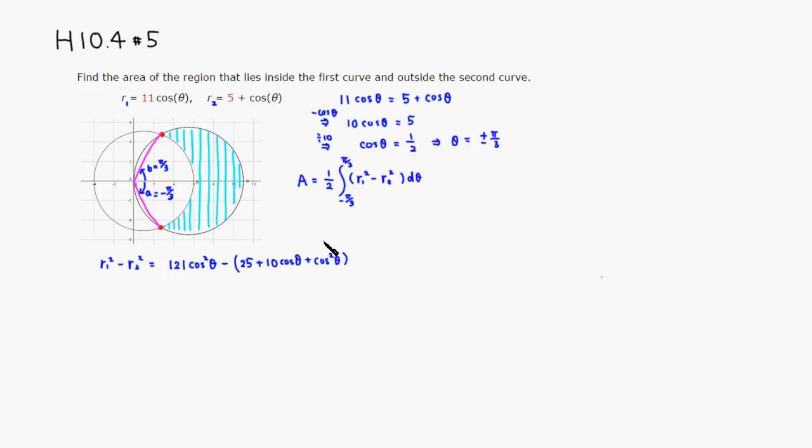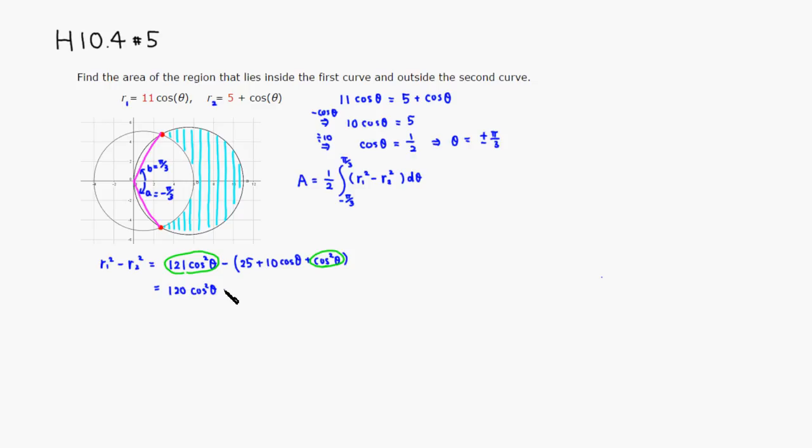Alright, so if you combine that, you're going to get 221 cosine squared, and we have a cosine squared there. It's actually a subtraction, so you have 120 cosine squared of theta.